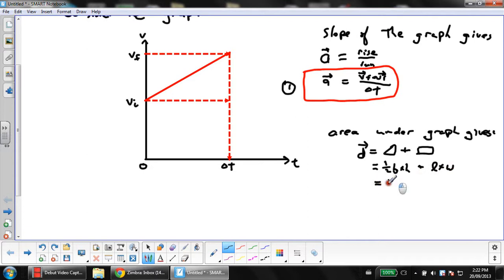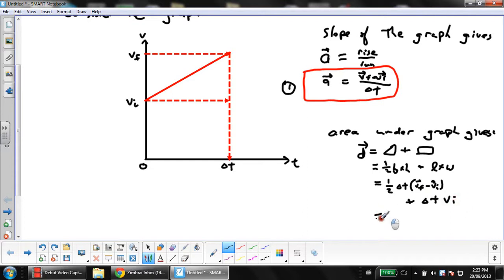I'm going to get 1/2. The base of that triangle is delta t, and the height of that triangle is VF minus VI. Plus the rectangle, which has a base of delta t and a height of VI.